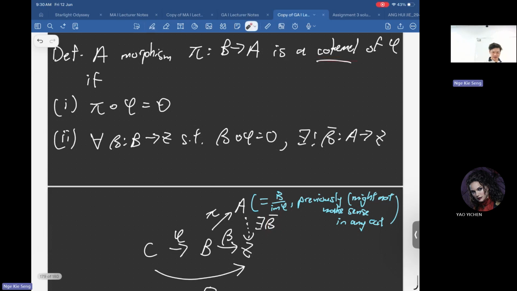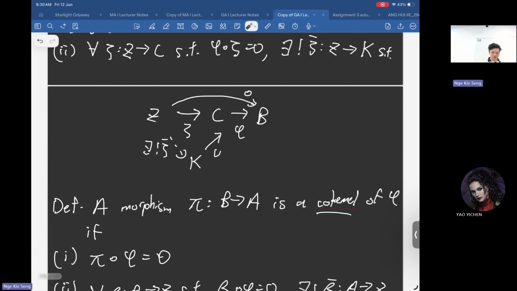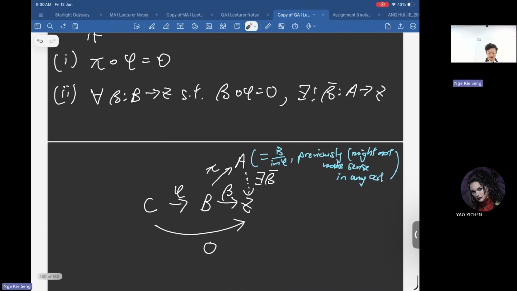I mean, for this kernel, I would think of it as an inclusion. Kind of inclusion. But then how about this one? Think about this. This should be some form of quotient, actually. Some form of quotient.